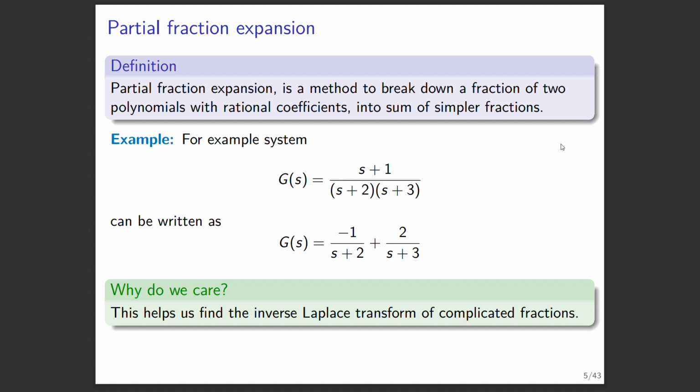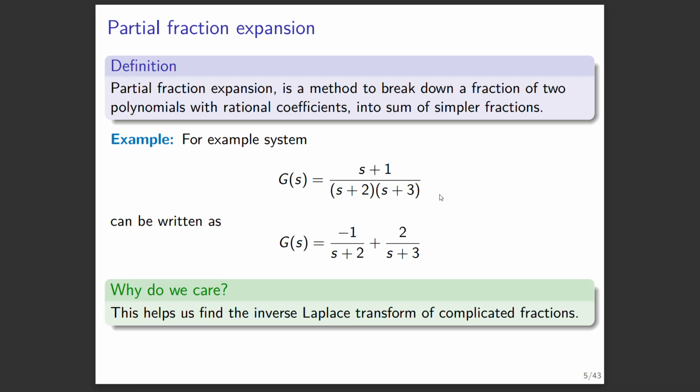Because when we have Laplace transforms, we sometimes, as we have seen in the definition of Laplace transform, have scenarios that we have a fraction like this. What's the inverse Laplace transform of G(s) here? I have no idea. We don't have it in the table.